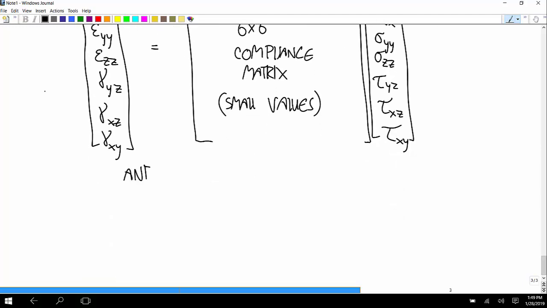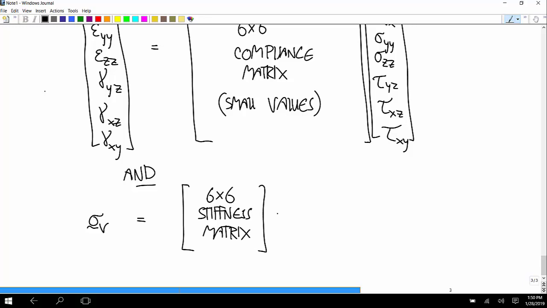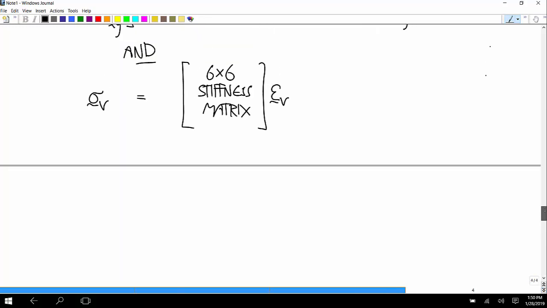And we also have the relationship, I'm not going to write out the values this time, that the Voigt stress is equal to a 6x6 stiffness matrix times the Voigt strain. And the compliance matrix is the inverse of the stiffness matrix, and the stiffness matrix is the inverse of the compliance matrix.